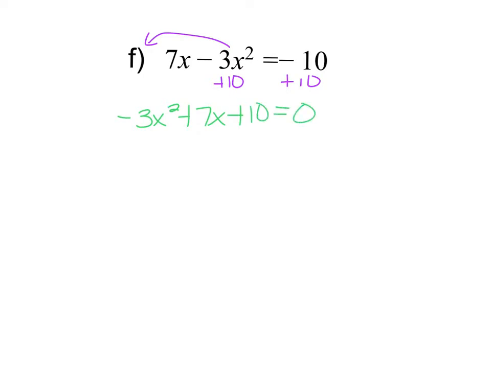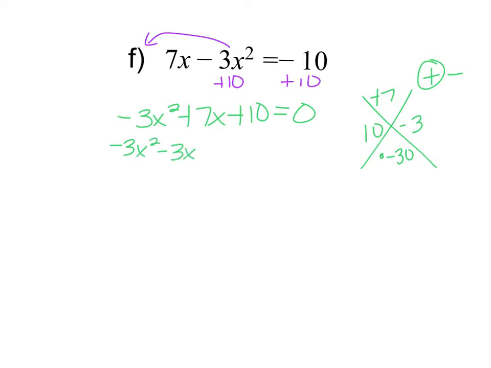So I'm looking for what adds to be 7 and multiplies to be negative 30. That would be a positive and a negative, and my bigger number is positive. So it would be 10 and negative 3. So I would have negative 3x squared minus 3x plus 10x plus 10 equals 0.